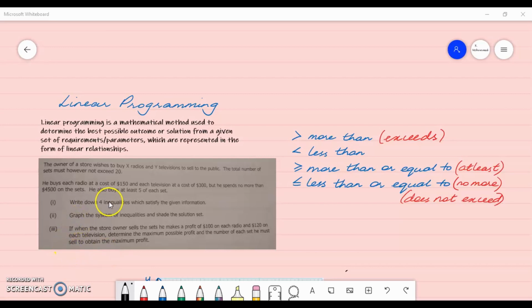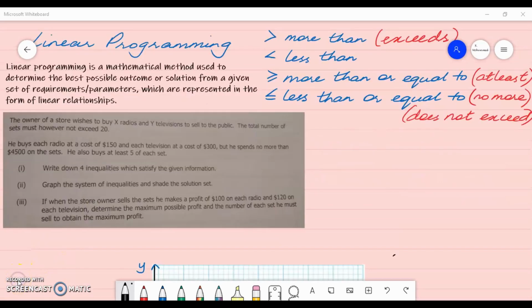So now let us try to write down the 4 inequalities that are going to satisfy the given information. So the owner of a store wishes to buy X radios and Y televisions to sell to the public. The total number of sets must, however, not exceed 20. So the total number of sets cannot exceed 20. So that's our first inequality there.